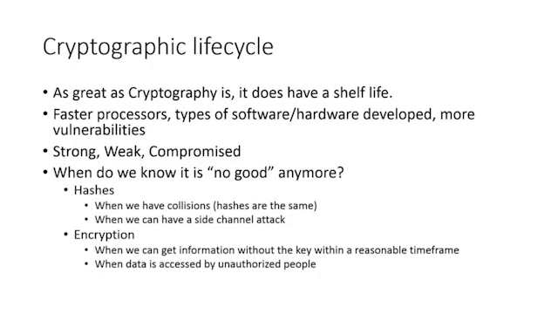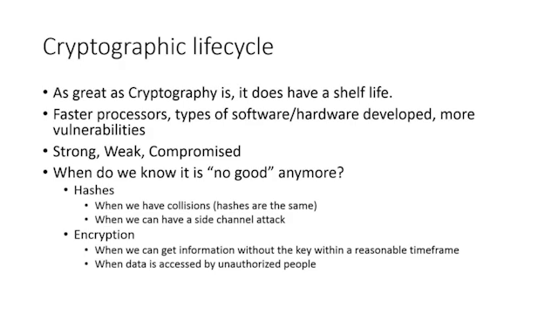So when do we know when it's no good anymore? When should we not use a particular tool or algorithm or cryptography solution? Well, when it comes to hashes, when we have a bunch of collisions. And collisions in hashes is when we're getting the same value for two different pieces of data. And that's not supposed to really happen, right? Everything is supposed to be unique.